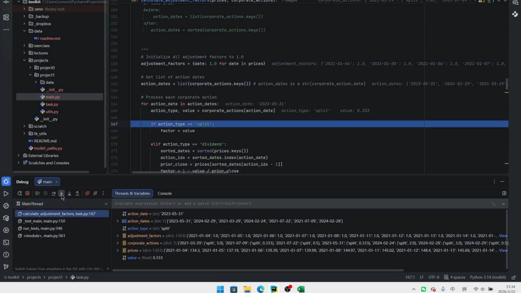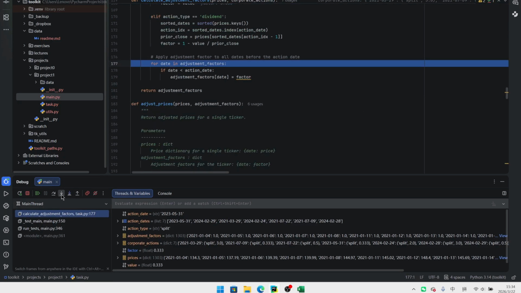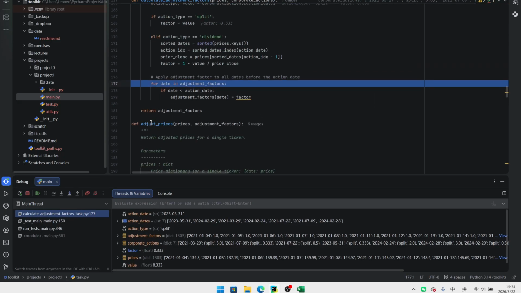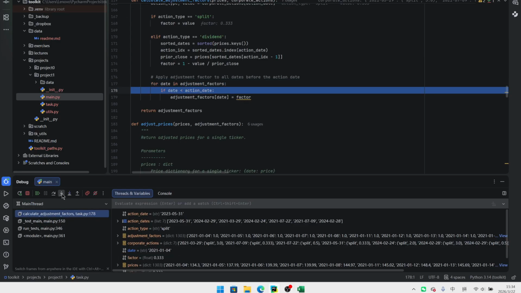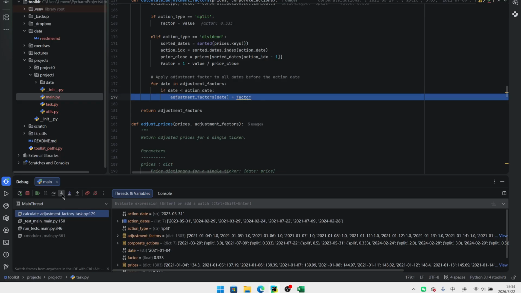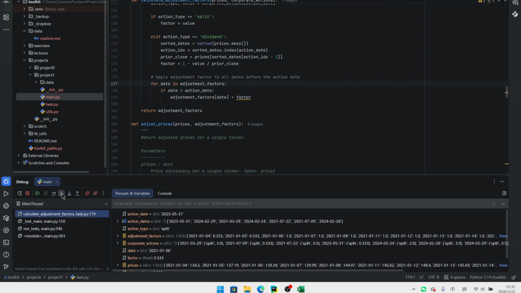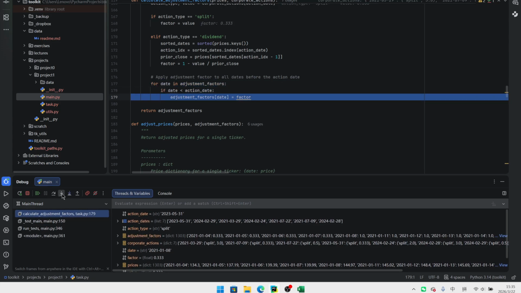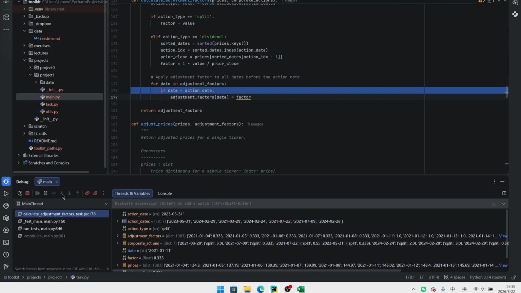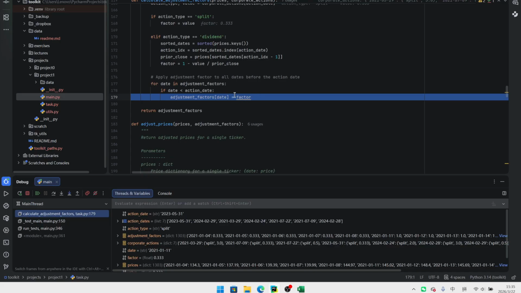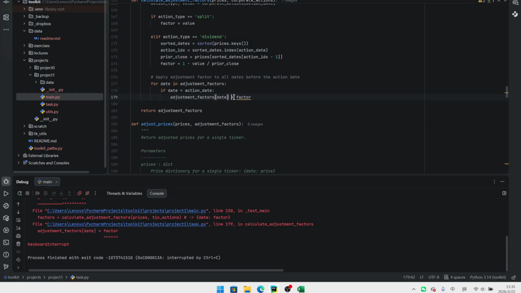Yes, the value is 0.33. The factor is 0.33. Adjustment factor. It looks good, but is there anything here?